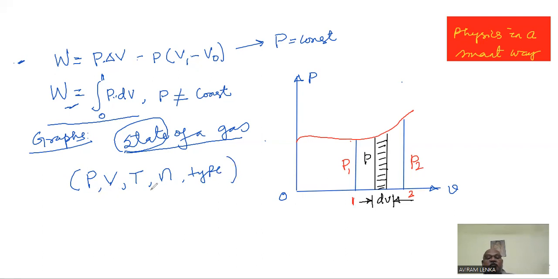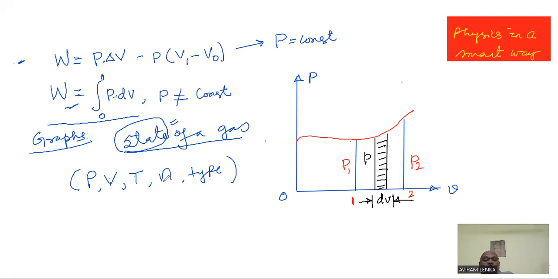Usually with these quantities we express the state of a gas, because once we know how much is the pressure, volume, and temperature, we can predict what the gas is going to do.